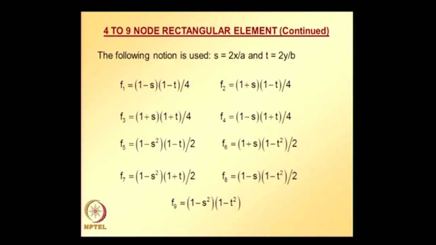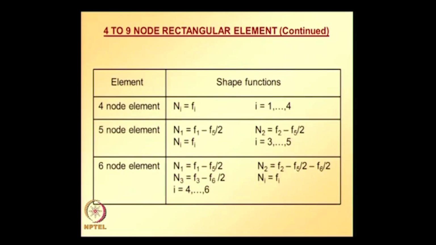So once f1 to f9 are defined like this, shape functions of 4 to 9 node rectangular elements can be written in terms of this f1 to f9.